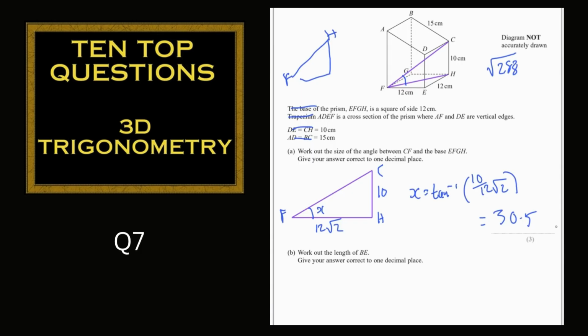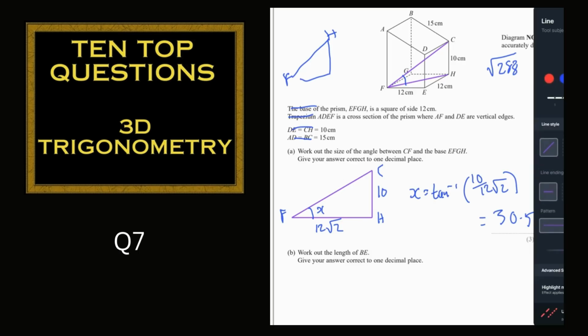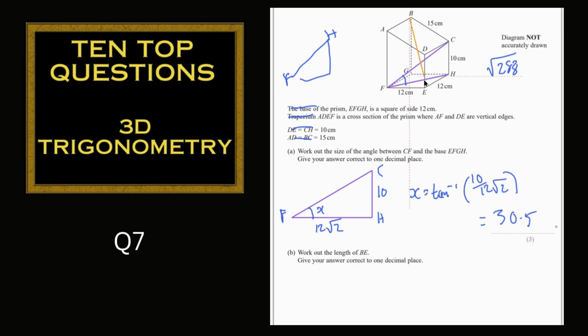And now the slightly trickier part B. Work out the length of BE. Now BE is the diagonal opposite, from there through to there. It'd be a nice straightforward 3D Pythagoras question if we knew the distance from G to B. We don't.